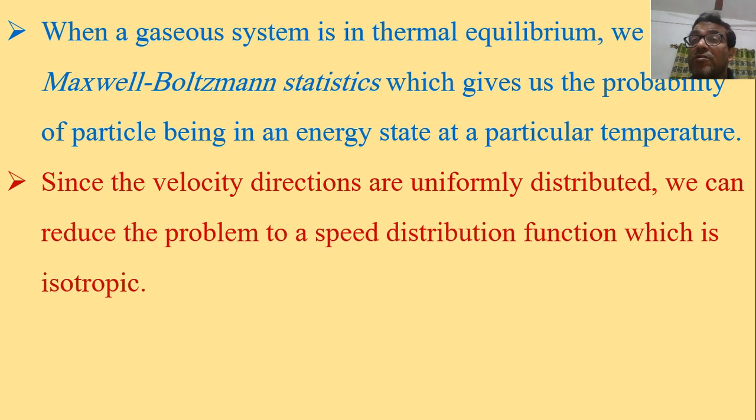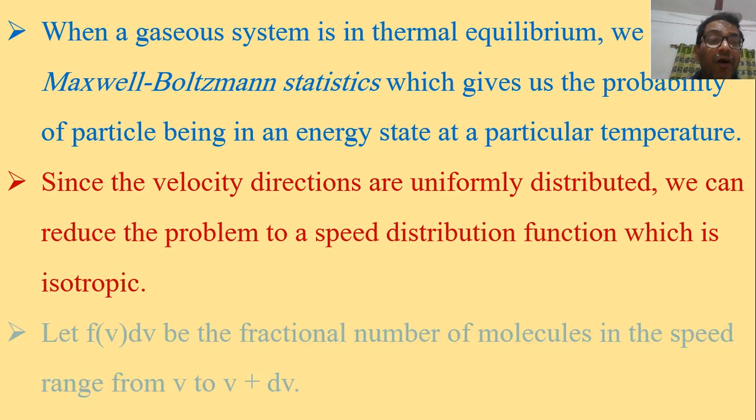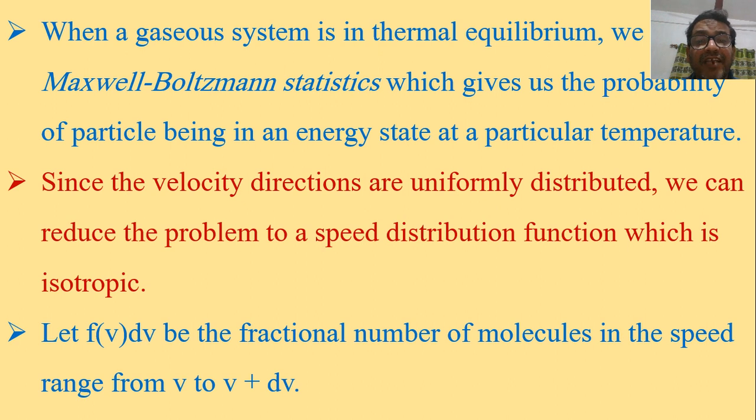Speed distribution function means we are not considering the velocity, as I told earlier, that velocity has directions, it is direction specific, but when we are considering the speed distribution, then this will be totally isotropic. Isotropic means it is independent of direction, right?